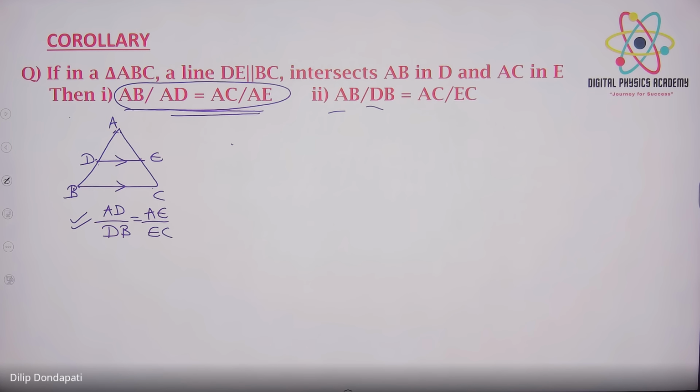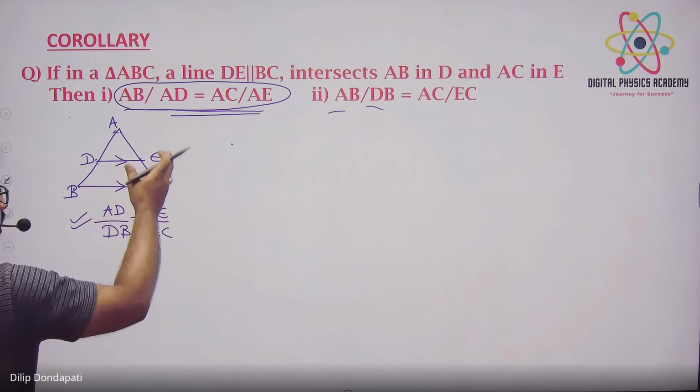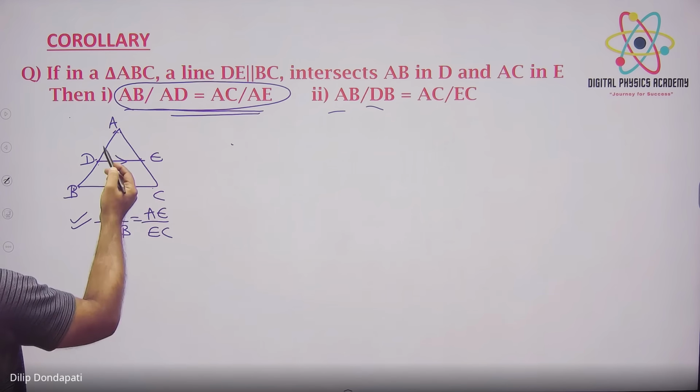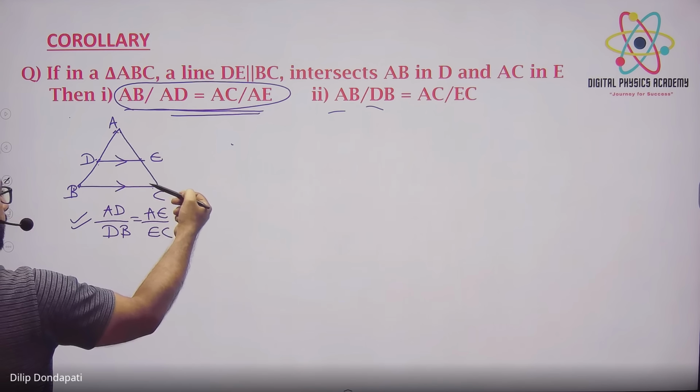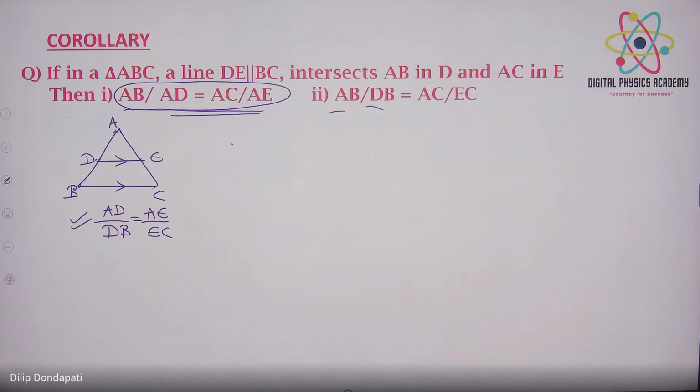This is a basic one. देखते, try करो. So अभी से, questions करने समय, after proving this, questions करने समय you can use this also. AB by AD is equal to AC by AE. Yeah, prove करो. Anybody?